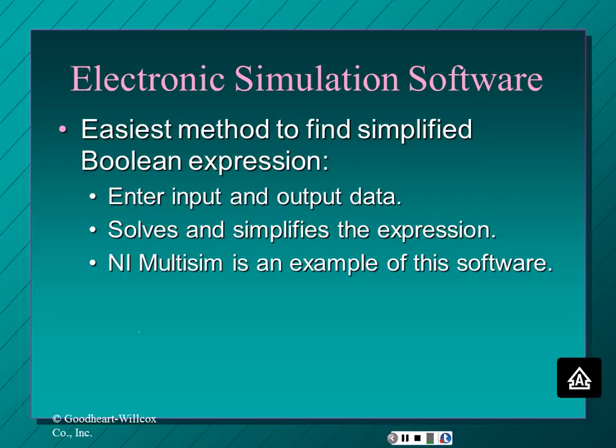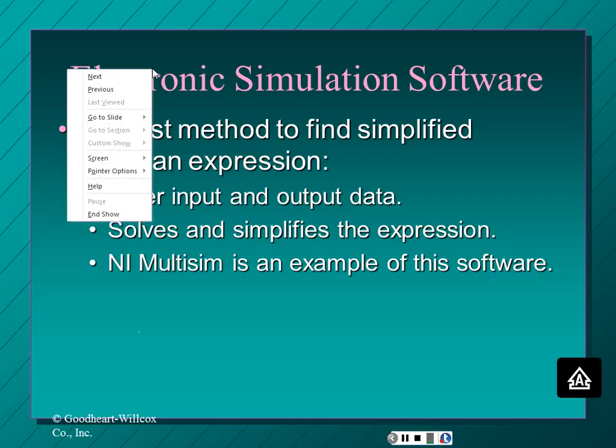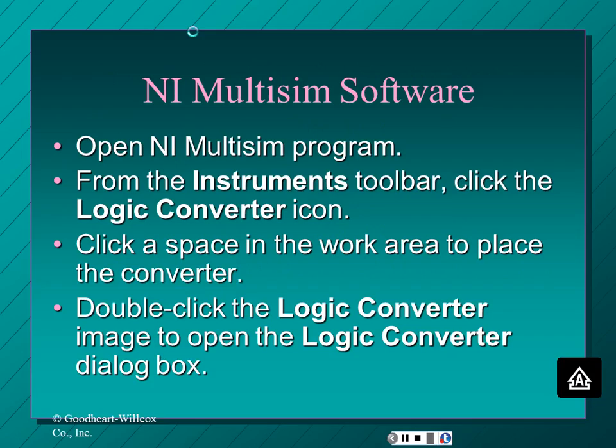They do say that NI Multisim is a really good program for reducing these equations. They go through telling you exactly how to do this. And I don't think this is on our disk.